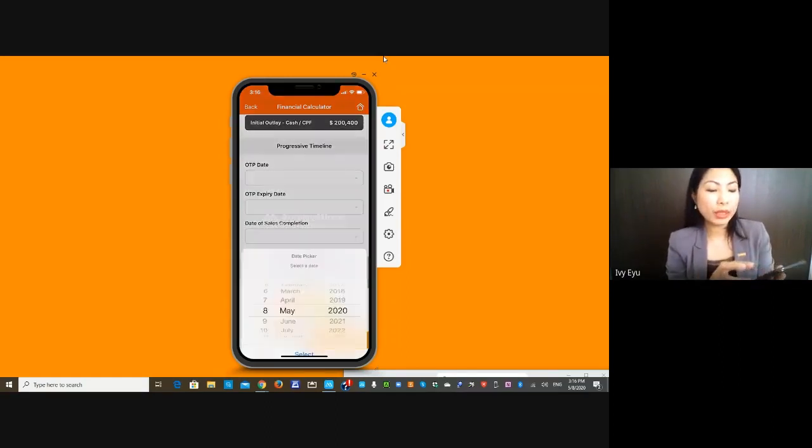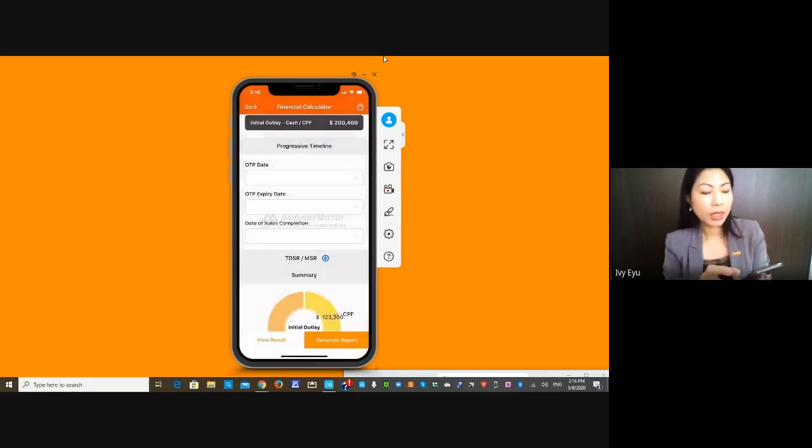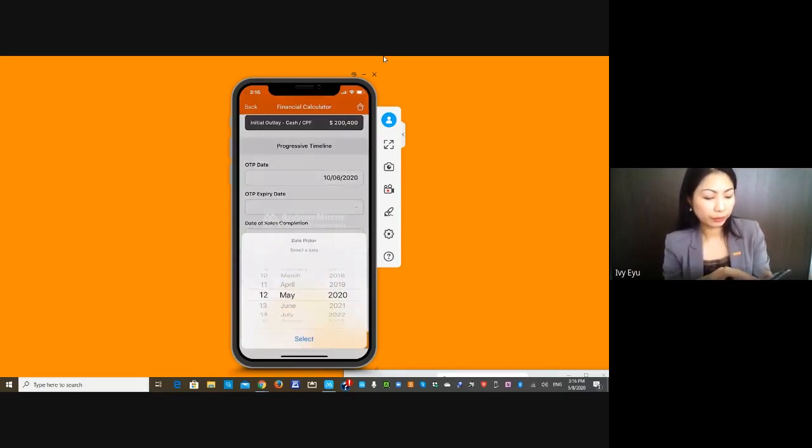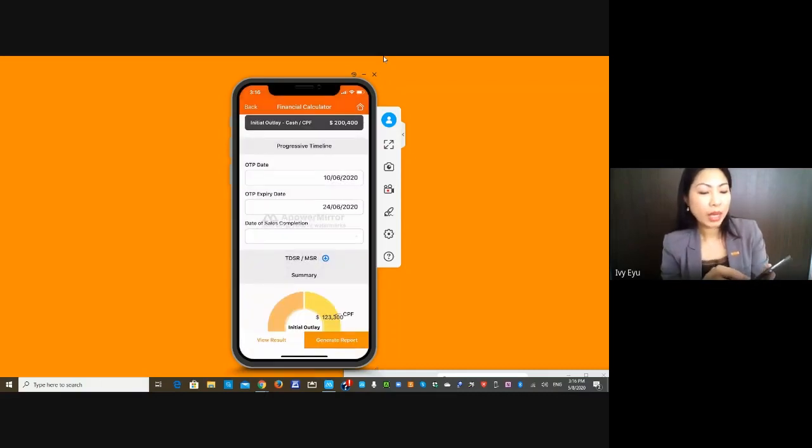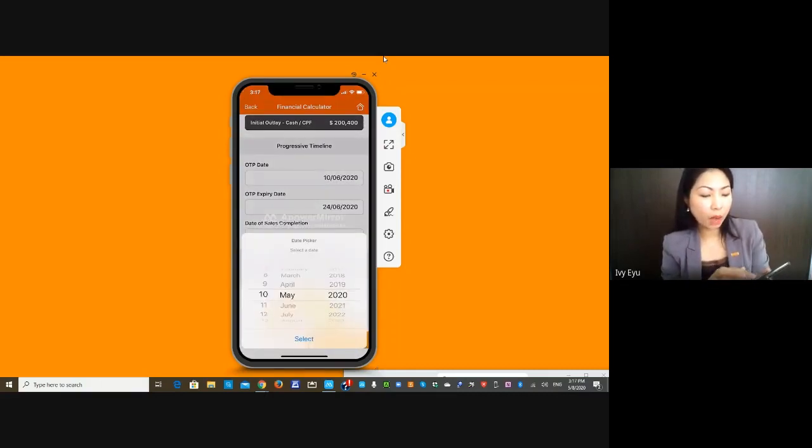So for OTP take for example, in June the 10th, I managed to find them a property. Okay, the expiry date is 24. This is an estimated date, so we can let them see the timeline. So sales completion, normally I will just put it 3 months later, unless during completion there could be a date earlier.